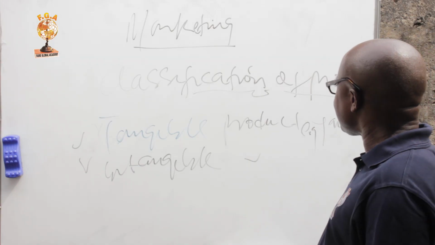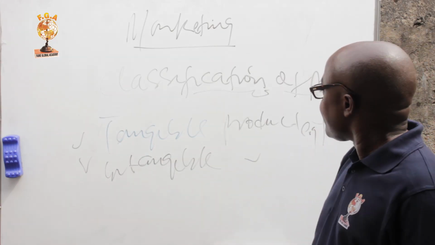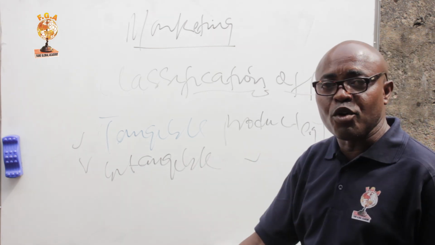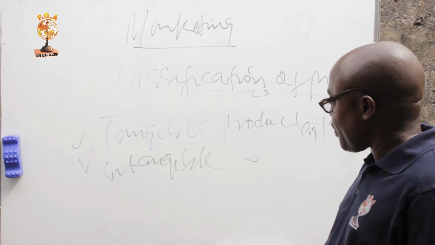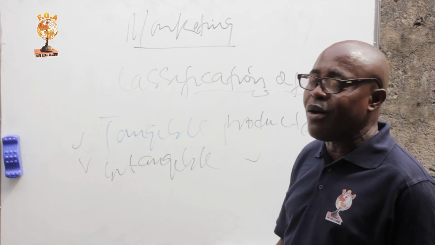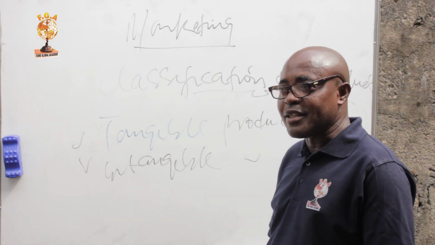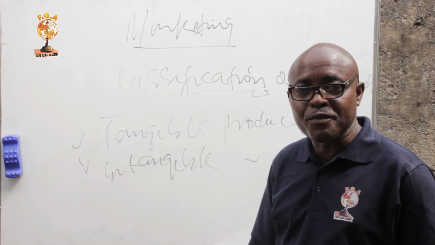So when you come to the market, there are two aspects there. The one is tangible products, which you can always buy, and the other one is intangible. Now, these two items all go towards bringing what we call satisfaction. Every day, everybody is looking for satisfaction.